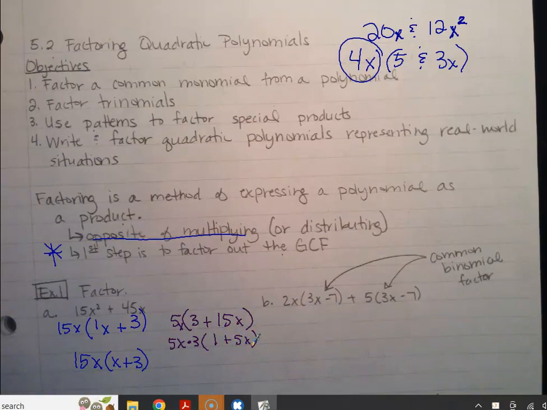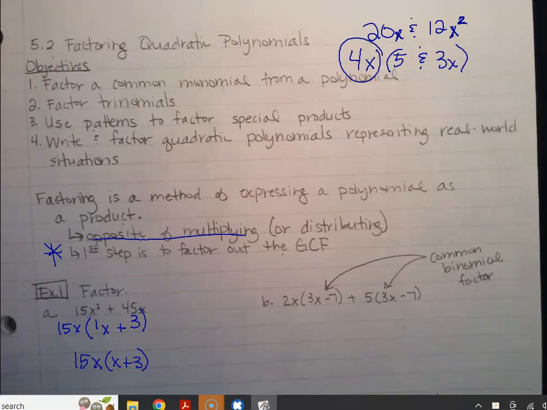Or wait, hold on. Oh yeah, thank you. The x plus 3. So yes, you would just do it a second time, and that's okay if you have to take 2 steps. That works.